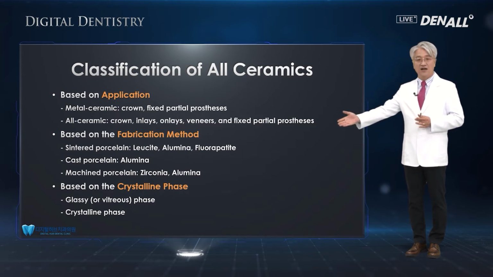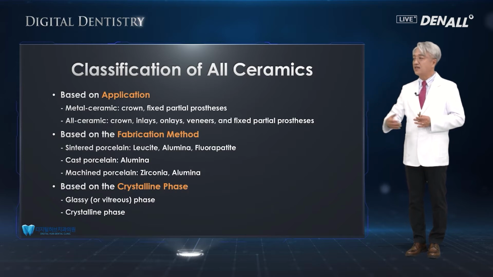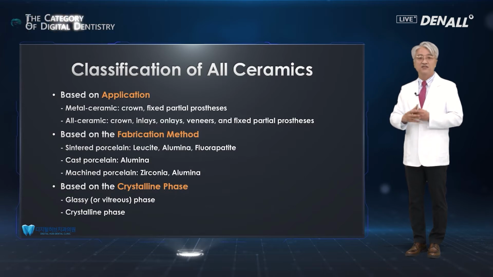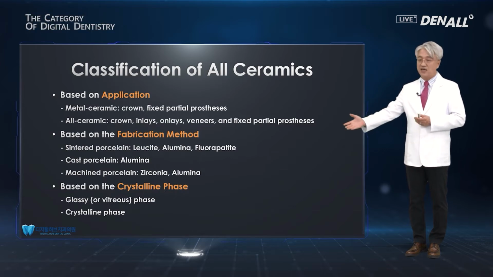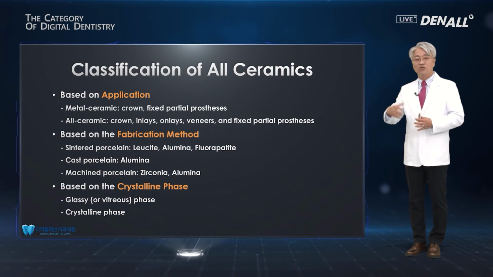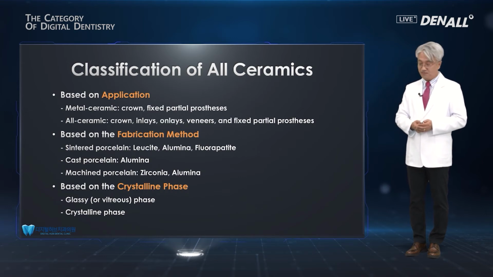And in terms of crystalline phase, whether that exists or not, you could use a glassy phase or some materials. You can also go to or beyond crystalline phase. So this is how to change the characteristics of ceramics.